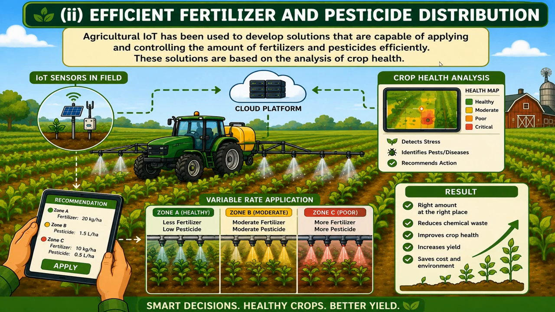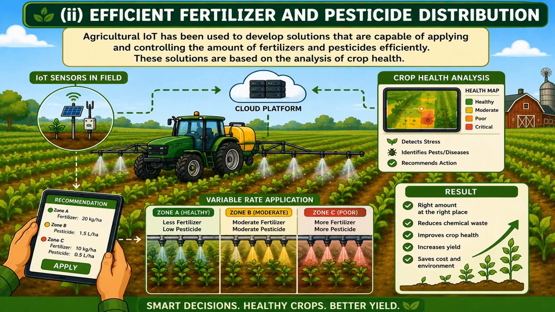Now based on this analysis, the system creates recommendations for fertilizer and pesticide usage. So farmers can view these recommendations on a mobile device. Healthy areas may need less fertilizer and pesticides, while weaker areas may need more.